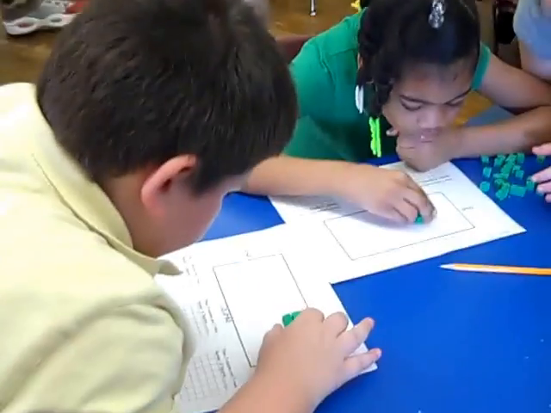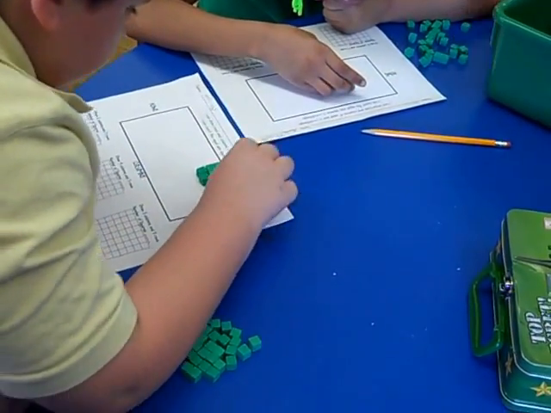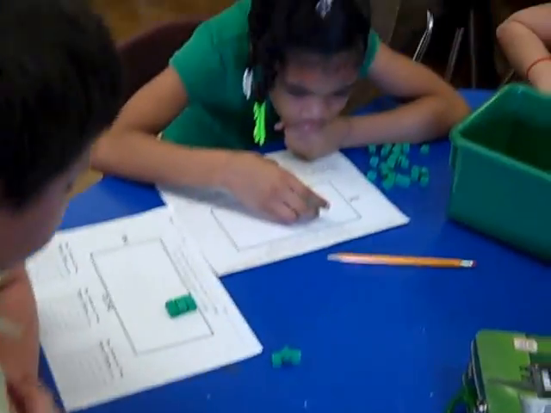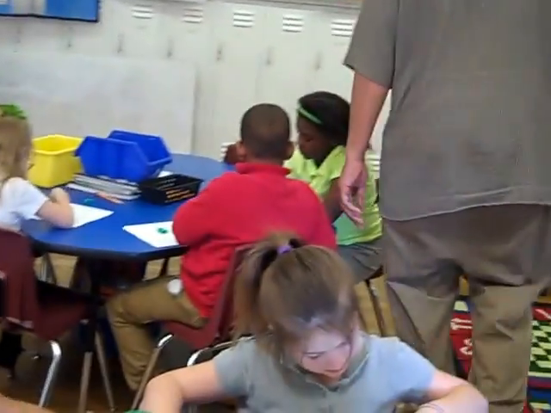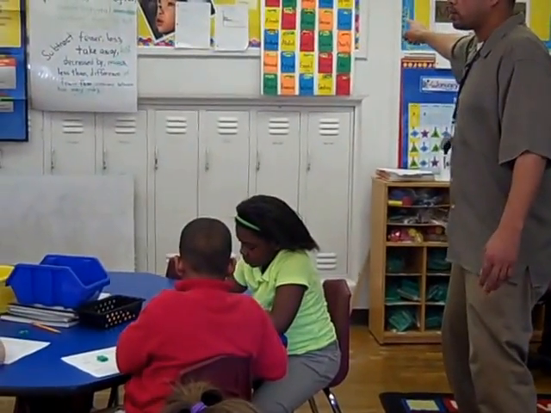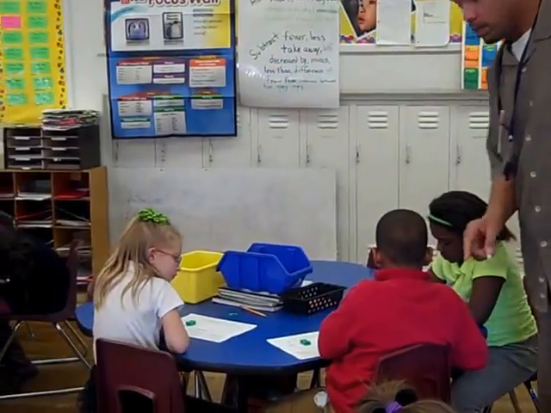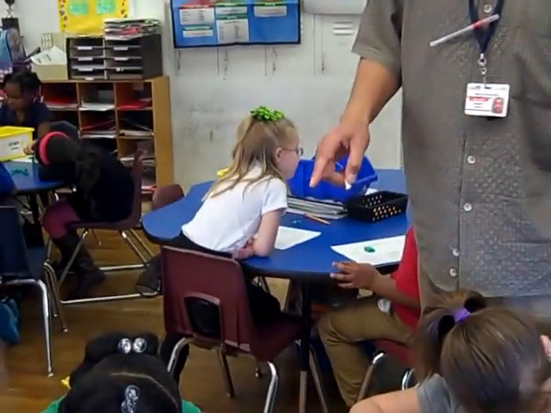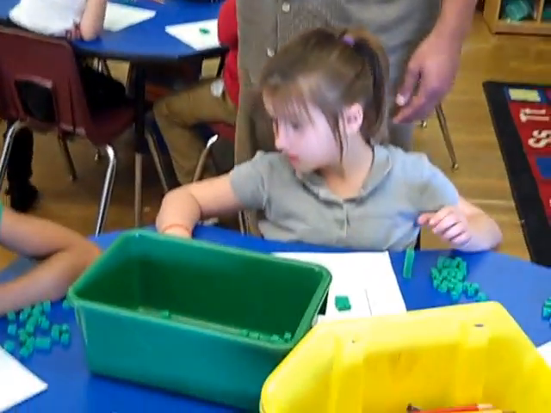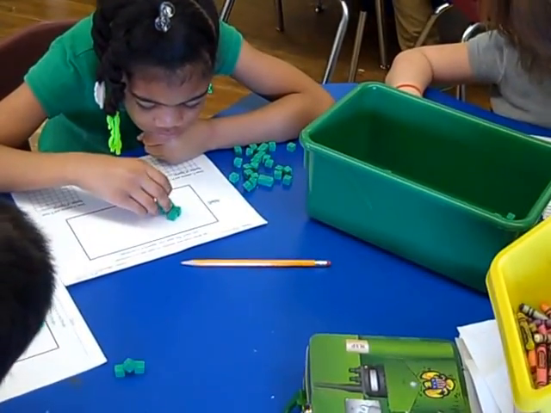Remember, rows are across. I need 3. Columns are straight up and down. I need 2. Rows are easy. Remember, rows go straight across. Excellent, blue table. We're waiting on Alana. Excellent. So we'll give blue and then yellow.